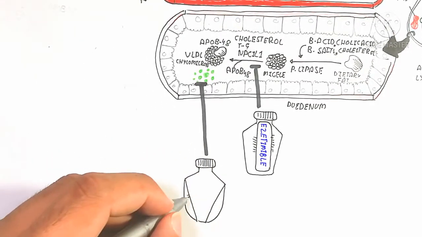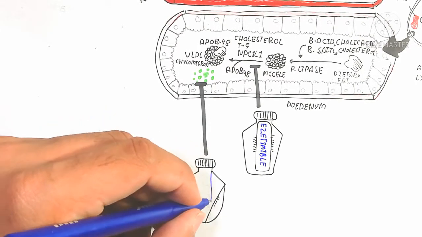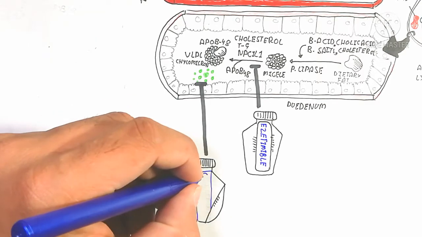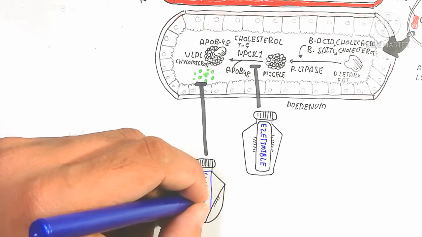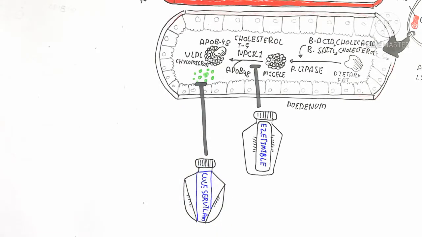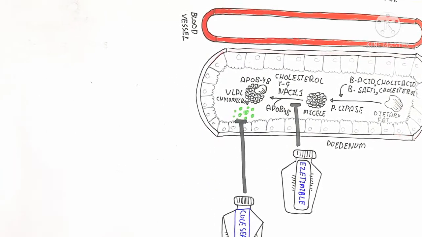Remember, here is the bile acid production. We can prevent bile acid production or action with a drug known as cholestyramine, which binds bile acid to stop the emulsification of fat.